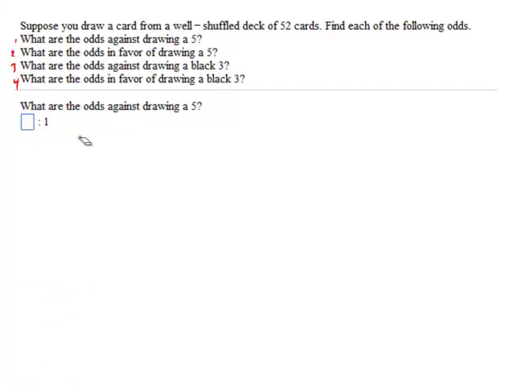Alright, so what do we do? Odds against something. How do you do that? Odds against? The way we do it, we set it up as a ratio. What are the 2 sides of the odds against?